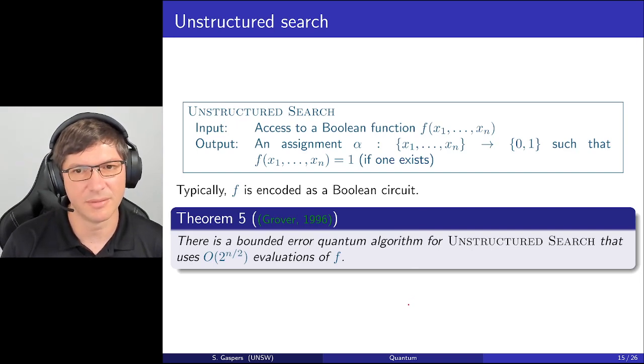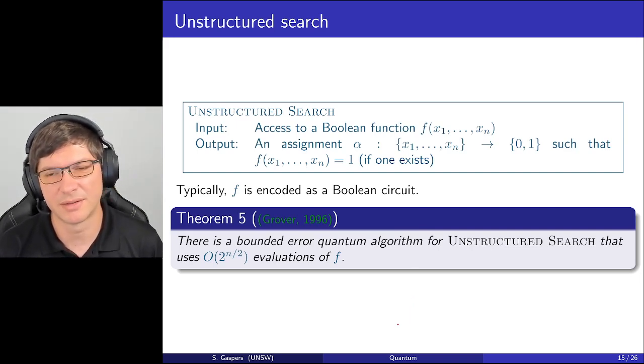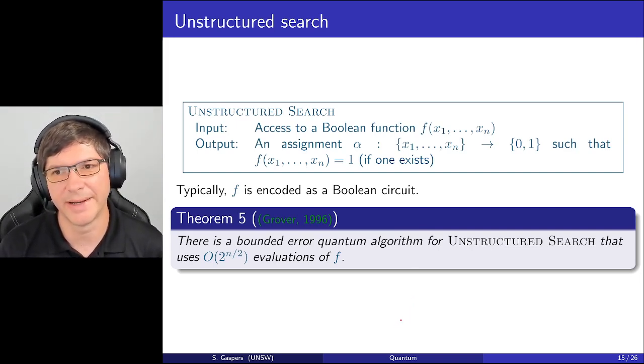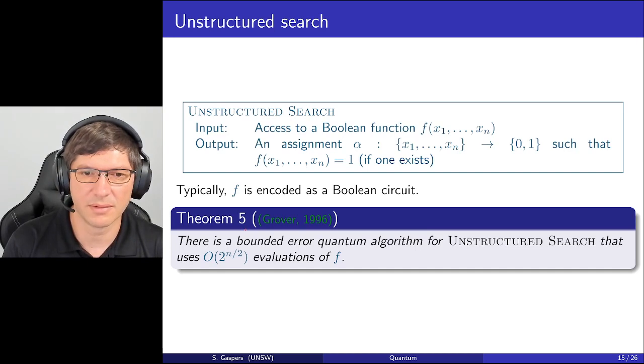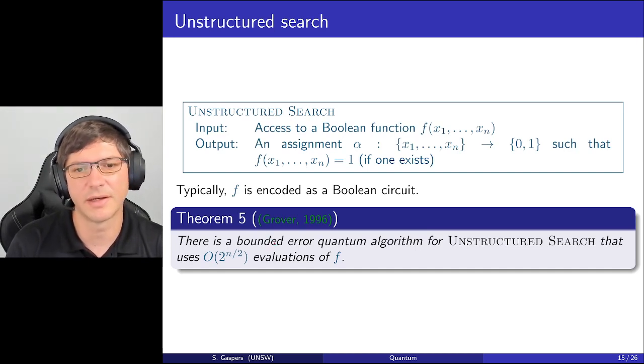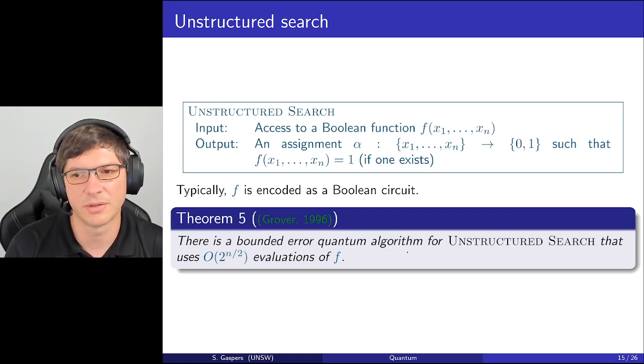Any classical algorithm would need 2 to the power n time to find a satisfying assignment. But in the quantum world, there is a bounded error quantum algorithm for unstructured search that uses only order 2 to the power n half evaluations of f.